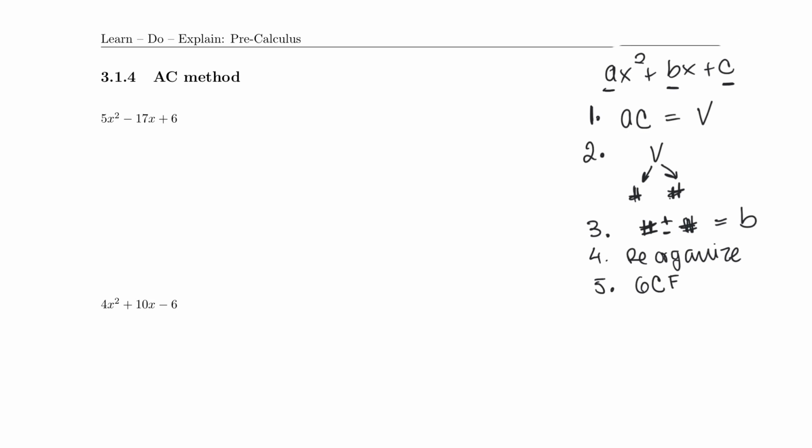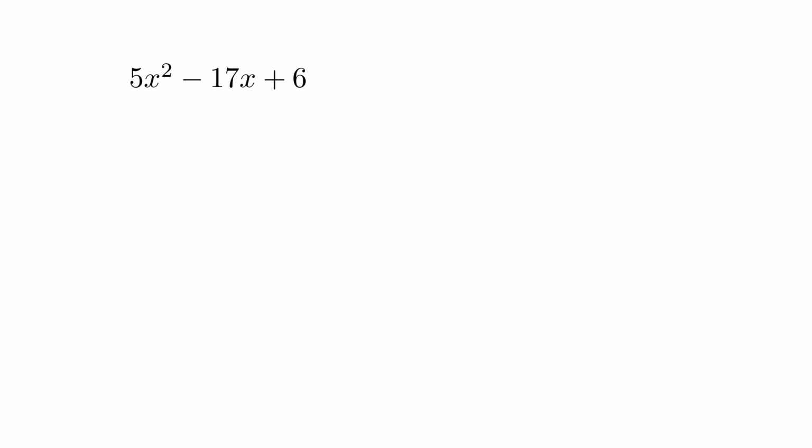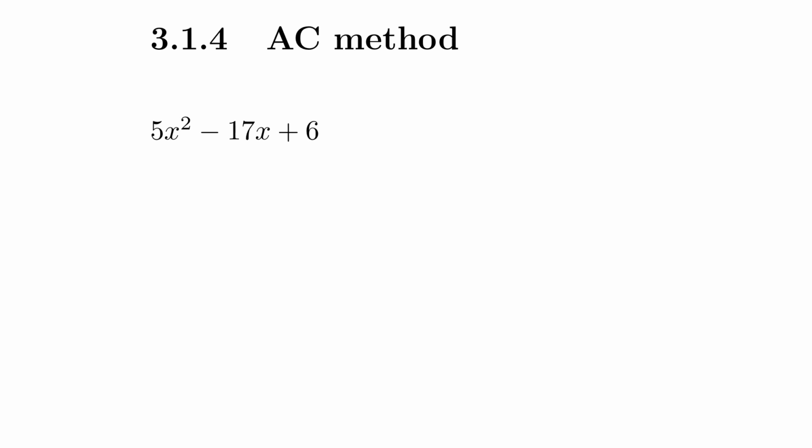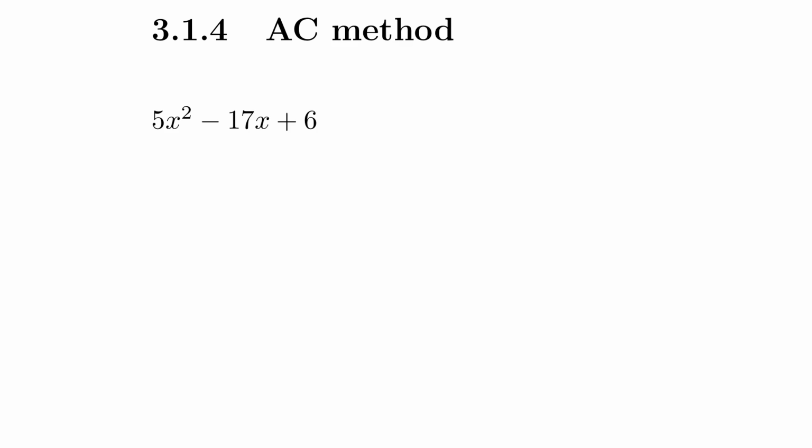We have 5x squared minus 17x plus 6. First thing to do is to recognize what A, B, and C are. For this polynomial, A is equal to 5. Remember that A is the number multiplying the x squared.